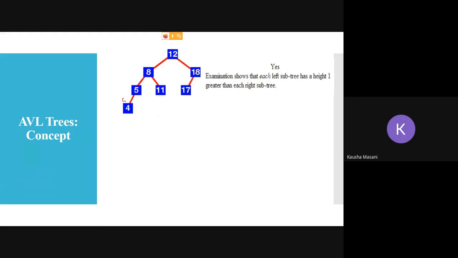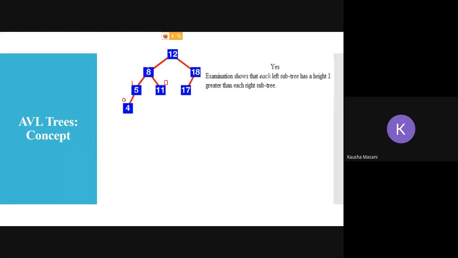Exactly. What is the balance factor at node 5? 1. Correct. What is balance factor at node 11? Again 0 because it is a leaf node. If it is a leaf node, balance factor would be 0, because there is no left or right child to calculate the height.